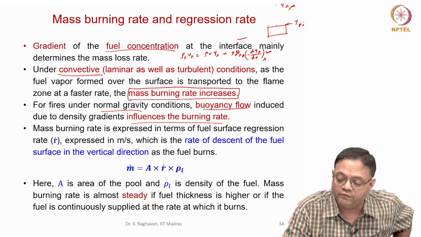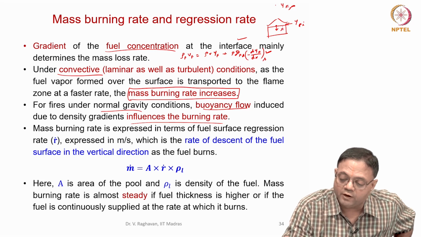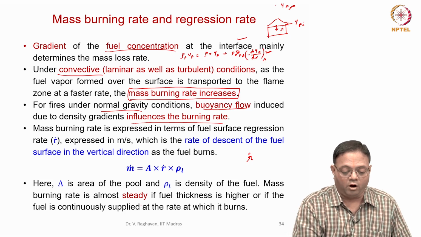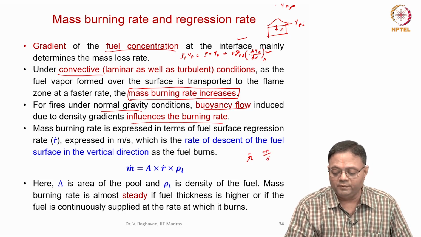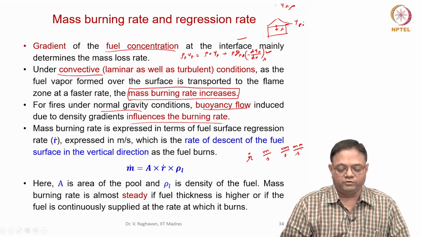As I told you, when the burning occurs, the surface actually regresses at a particular rate. So, we can say the regression rate of the surface R dot, which is actually meter per second or centimeter per second or mm per second or anything like that. It is like a velocity term.